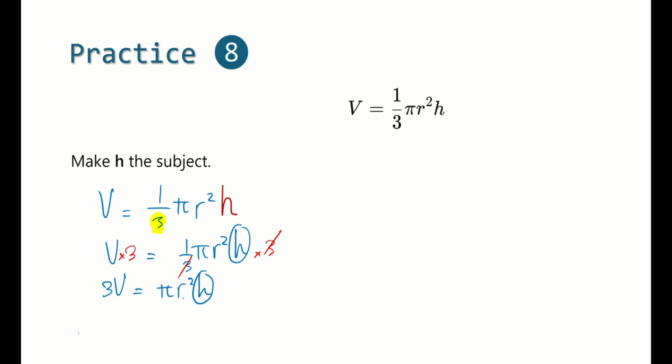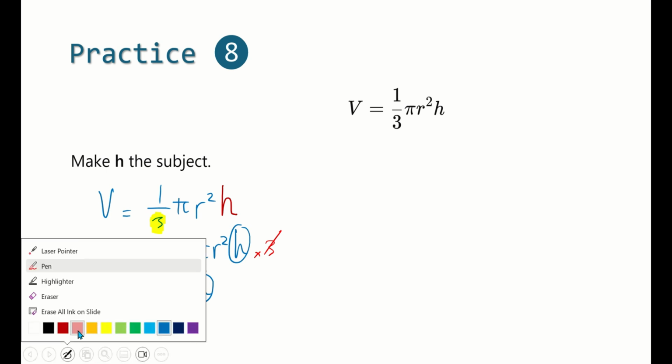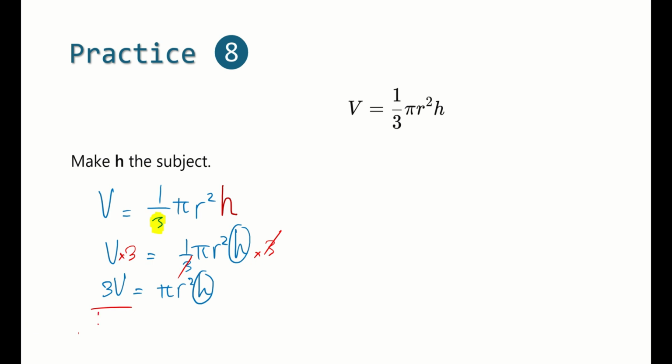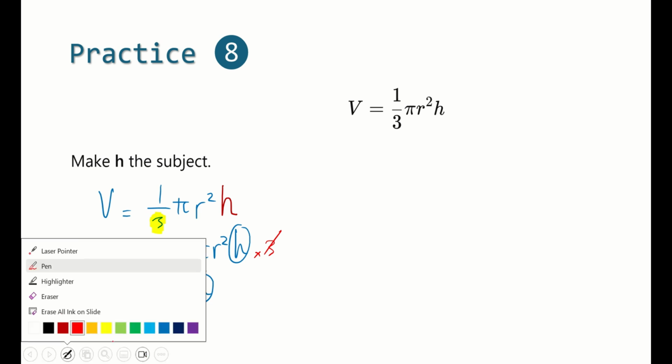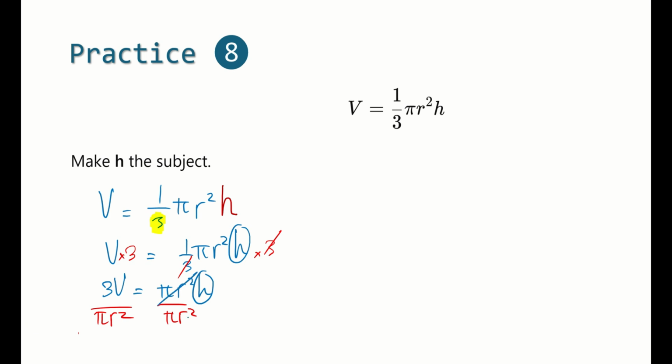So we have pi r squared. So both of them can be divided by pi r squared, right? Divide by pi r squared, divide by pi r squared. This is the reason this pi r squared will disappear from the right side. So what about the left side? Just keep it.